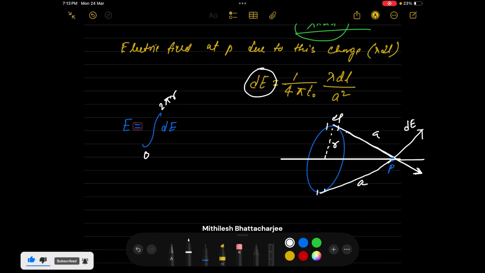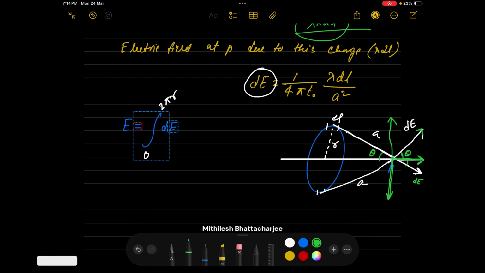Let this angle be theta; this is also theta.